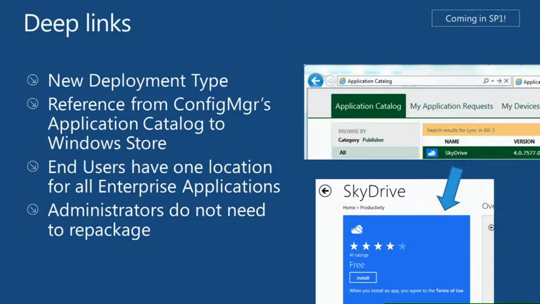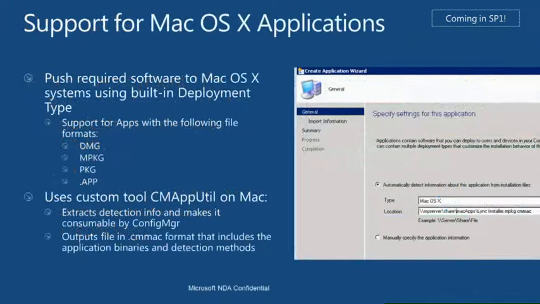So instead of seeing install the application, the user will see a view in the store application. As soon as they click that, the store will come up. They'll go straight to the landing page of that app, and they'll get that app directly from the store without you having to do much work. This is literally a long URL that you have to put in, and that's it. You're done.